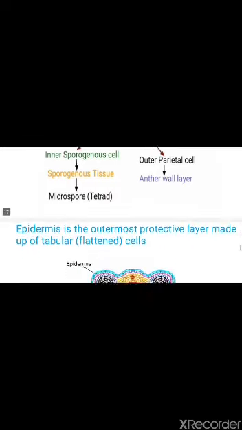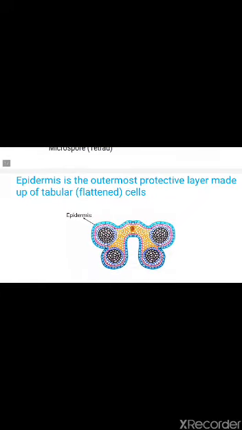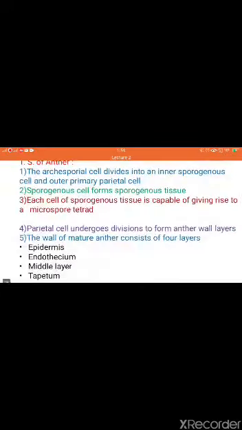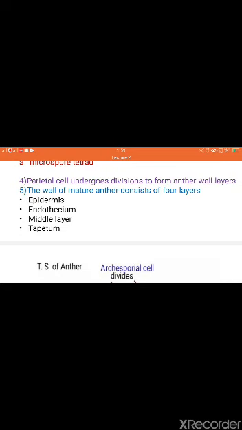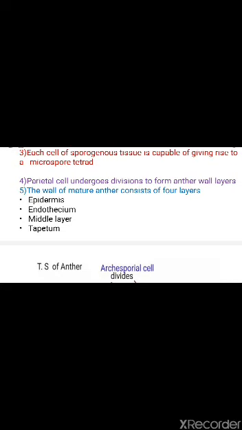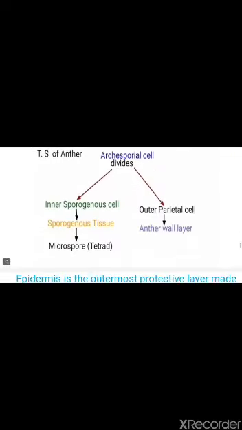Now this anther wall consists of 4 layers. So these 4 layers are epidermis, endothecium, middle layer and tapetum. So we'll study these layers one by one.